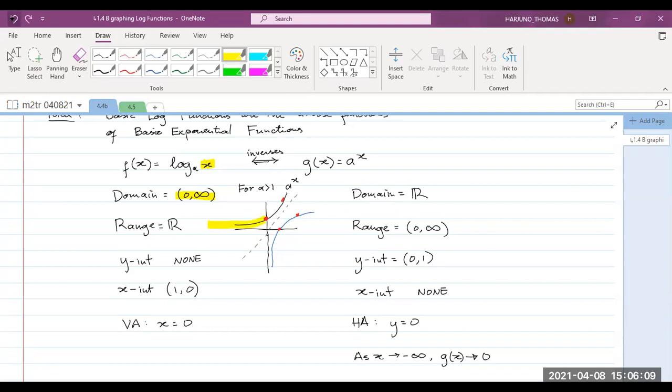Now, how do we express that in log form? In log form, as x approaches 0 from the positive side, the function approaches negative infinity. That's the parallel among these two.